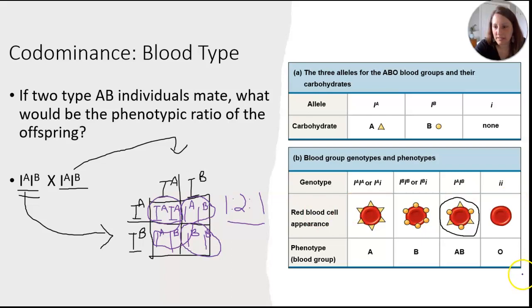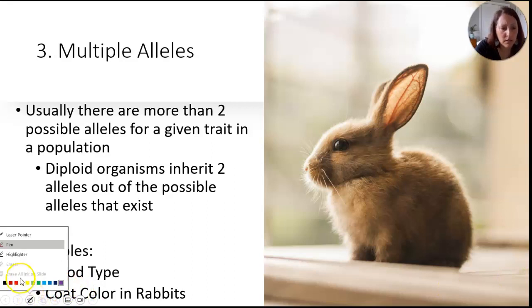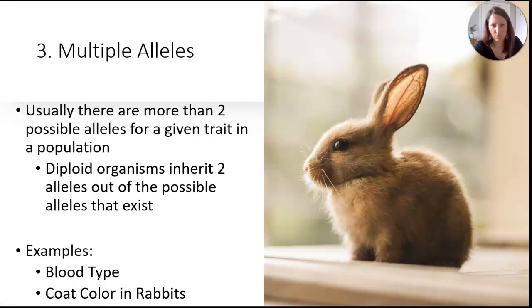Okay, the last scenario, again, which violates Mendel's rules, is going to be multiple alleles. And so we've been talking about traits that differ in this either-or fashion until we got to blood type.